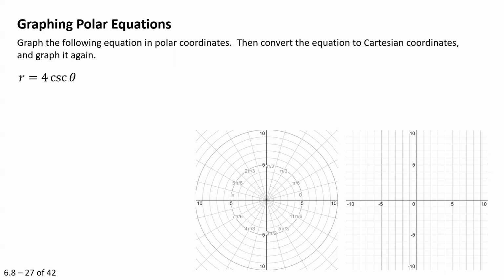This looks cool. Check this out. This one's a little bit surprising. 4 cosecant theta. If you plot that, what does it look like? Yeah, a line. Vertical or horizontal? Horizontal. Why?